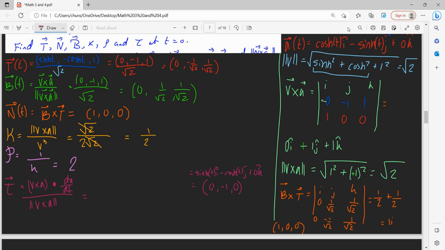So let's put that in. We have v cross a, that's 0, 1, 1, dot product with the value we just found, 0, negative 1, 0, over our cross product magnitude, which is root 2.